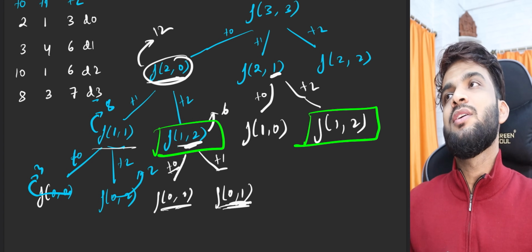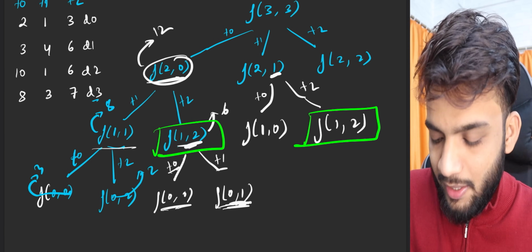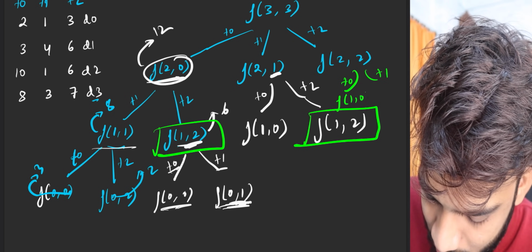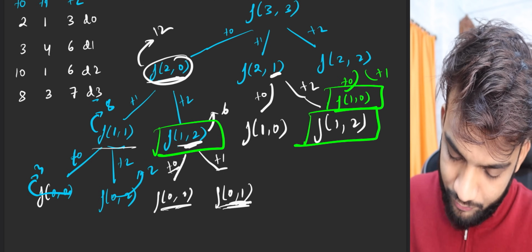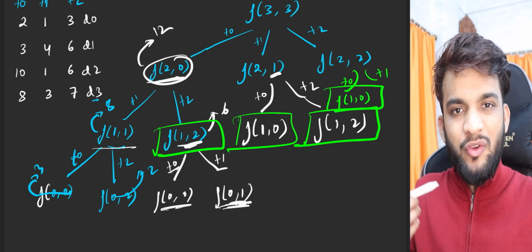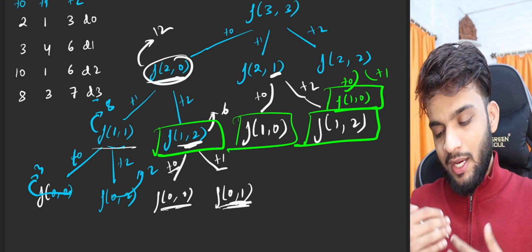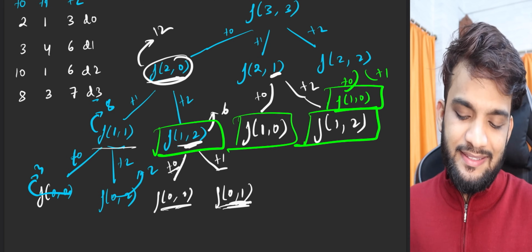If the value of n is larger, you'll tend to see a lot more overlapping subproblems. Like over here, if you go t0 and t1, it will be like f of 1 comma 0. So again, overlapping subproblems over here. The more you enlarge the tree, you will see overlapping subproblems, and this is how they will solve each other. And after that, you can easily get the answer.